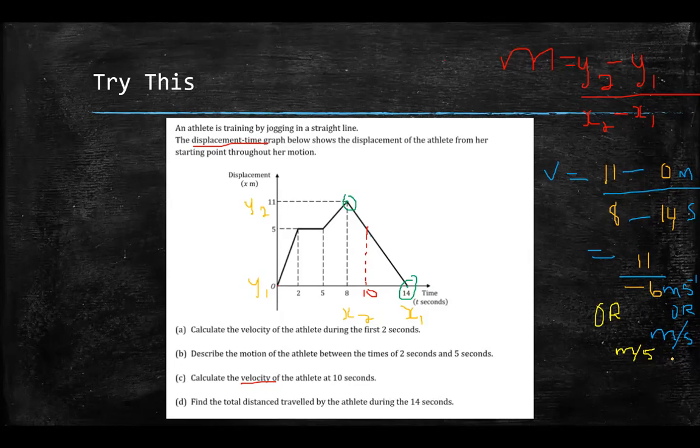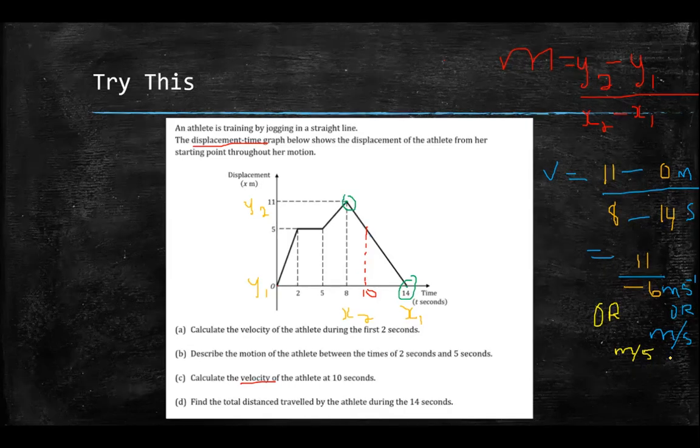It does not mean that you did something wrong and you need to check over. Because velocity is a vector quantity, meaning I can have a magnitude and a direction. So that negative sign just tells me that I'm moving in the opposite direction. That is basically it.